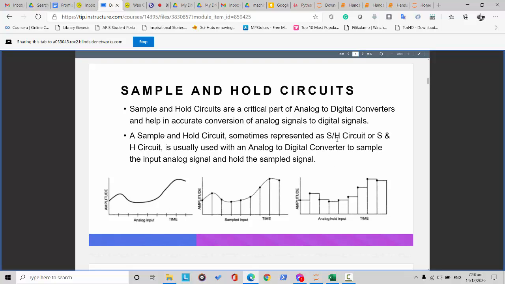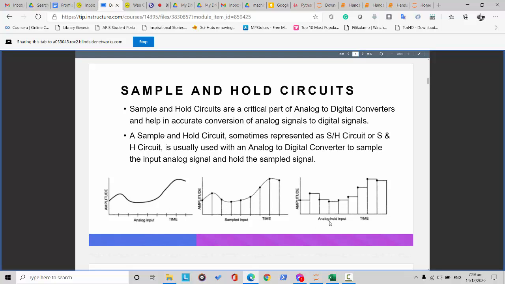A sample and hold circuit, represented as SH circuit or S/H circuit, is usually used with an analog to digital converter to sample the input analog signal and hold the sampled signal. So when we say sampling the input, we are capturing, or taking, the voltage of a continuously varying analog signal.